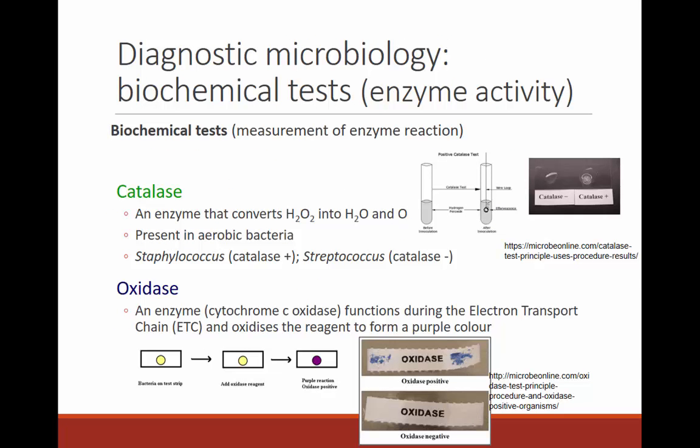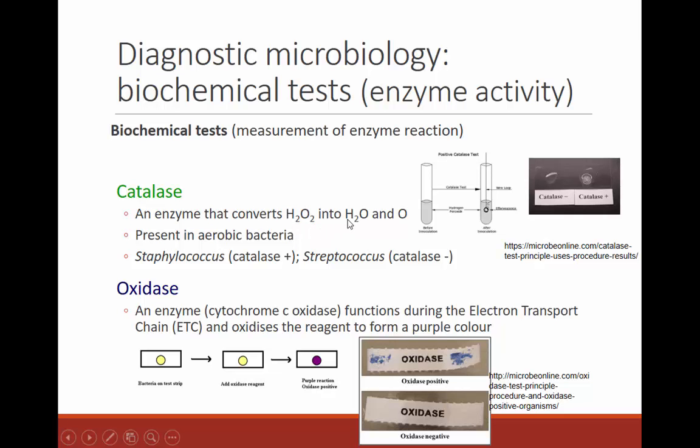Some of the biochemical tests are quite good to use as well. The ones that we're going to be using are catalase and oxidase. So catalase is the one that is present in aerobic bacteria because oxygen can be toxic. So these particular bacteria convert the toxic oxygen to hydrogen peroxide, but you don't want hydrogen peroxide hanging around either.